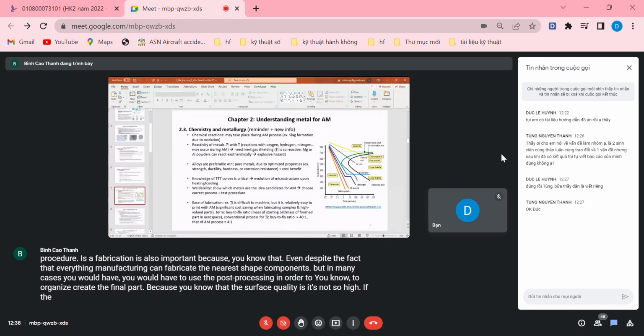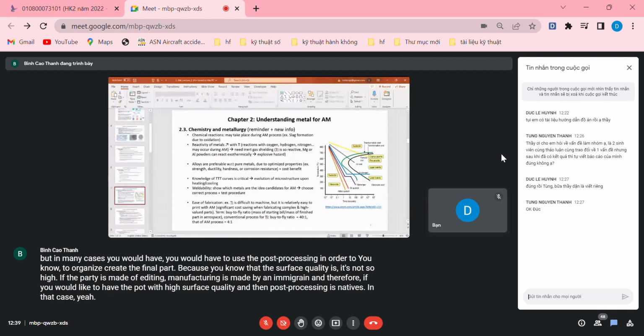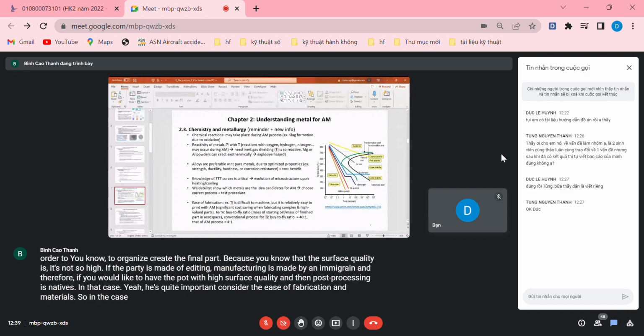If the part is made by additive manufacturing and you would like to have high surface quality, then post processing is needed. And in that case, it's quite important to consider the ease of fabrication of the materials. Like in the case of titanium, it's difficult to machine.